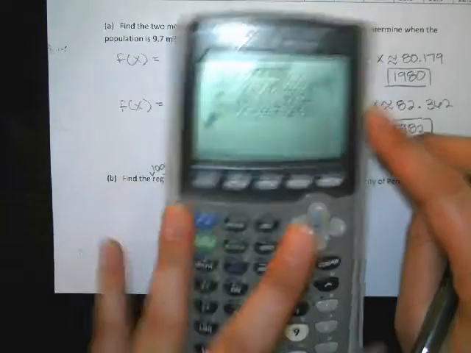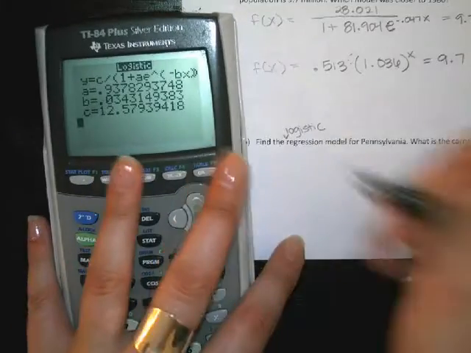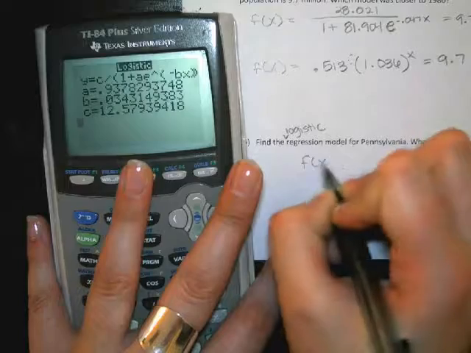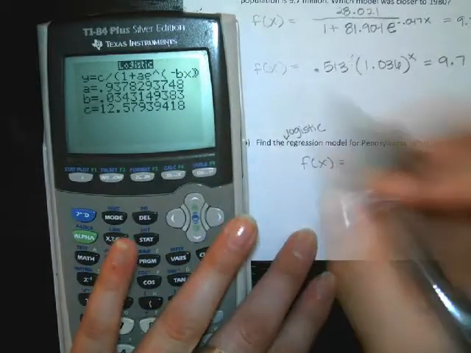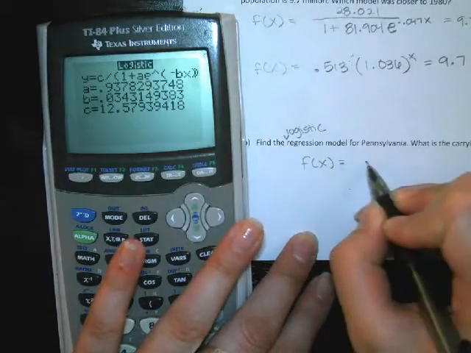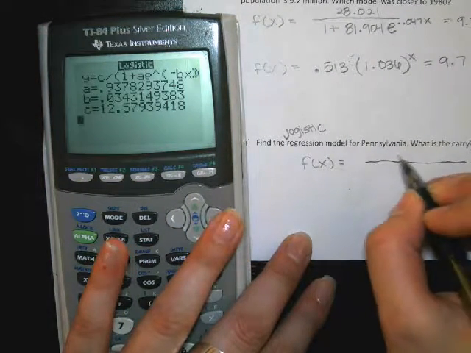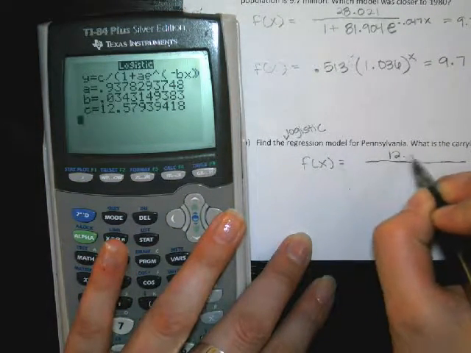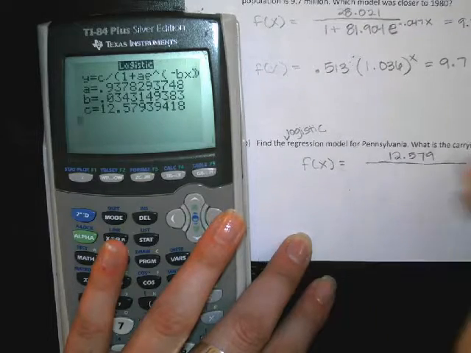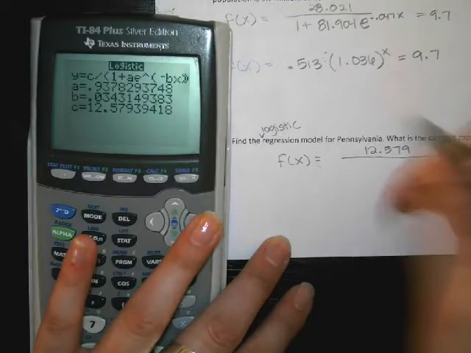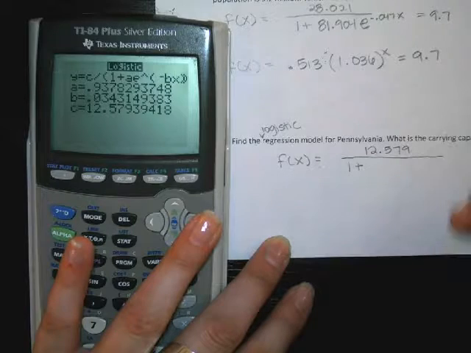All right. And let's go ahead and write it down. We have f of x equals, the c value goes on top, and we're going to do 3 decimal places. So what should I write? 1 plus.